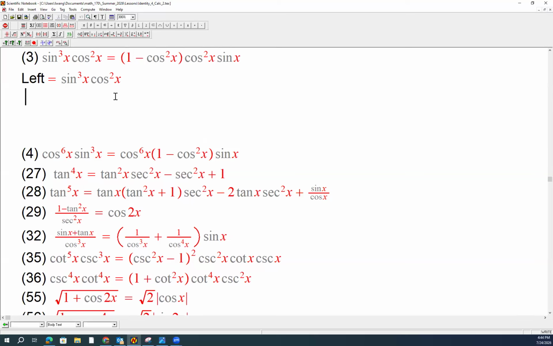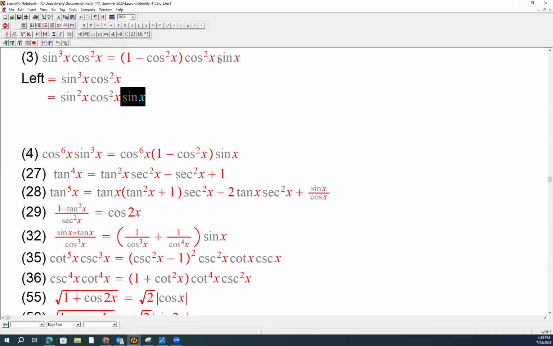So I'm going to split sine to the power 3 into sine squared of x and the sine x, and cosine squared is going to be copied down, but it's squeezed in between.